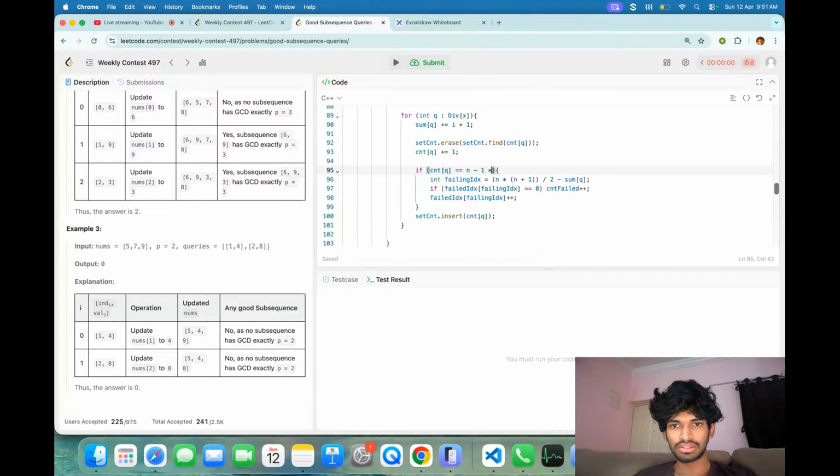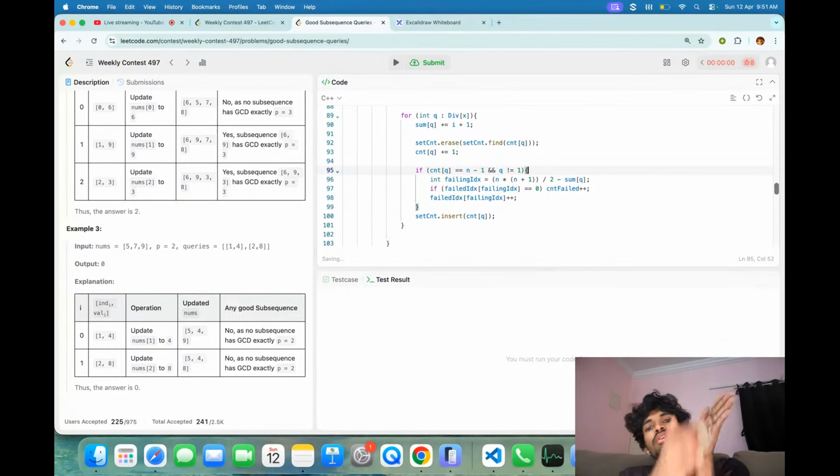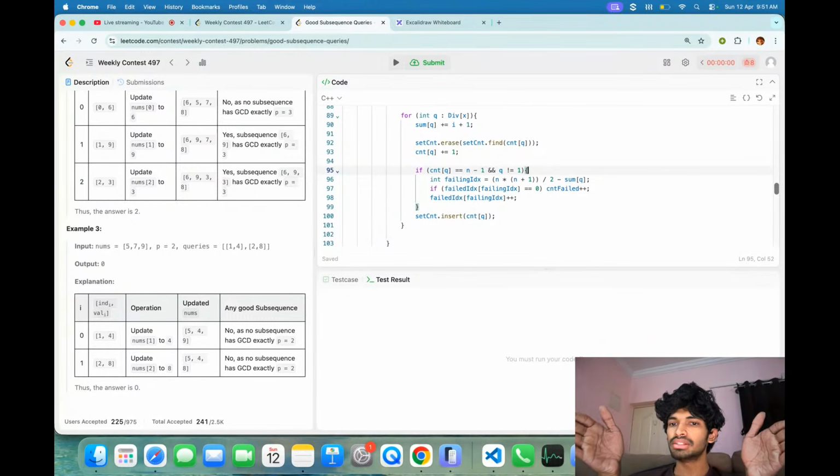Let's just exclude q equals 1 from this case, because that's the only place where everything will be divisible by p.